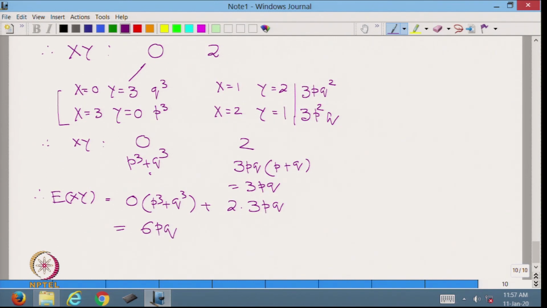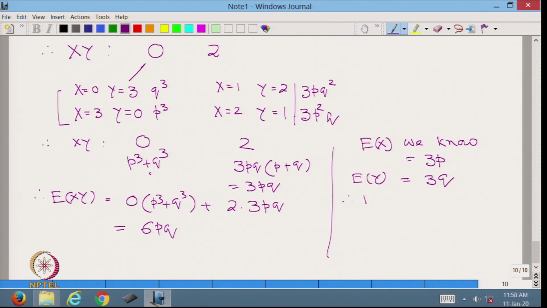But we know that expected value of x is equal to n p, which in this case is 3 p, and expected value of y, if you are smart enough, you can easily guess it is going to be 3 q.